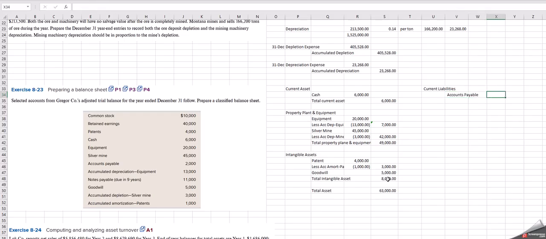And the accounts payable was 2,000, is that true? Yep, 2,000. And I think that is our only current one because the notes payable are 9 years.